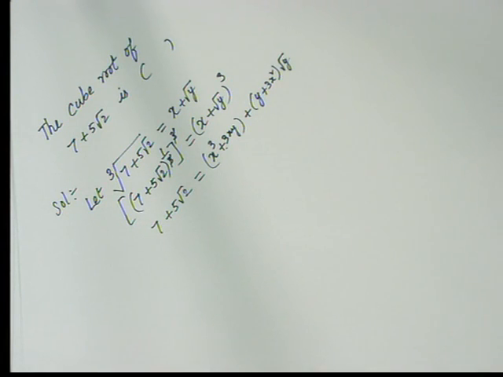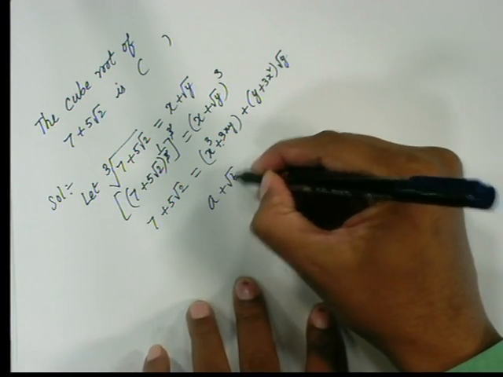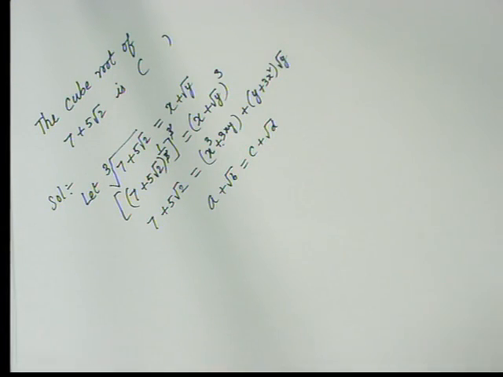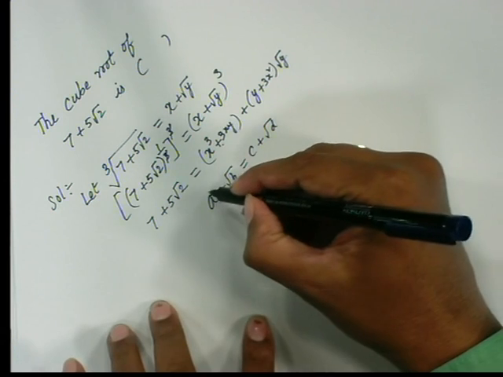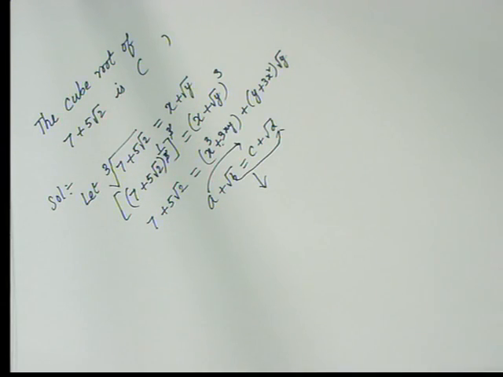So, when you compare two surds which are in the form of a plus root b and c plus root d, you write down here a plus root b, c plus root d. Now, a is equal to c and b is equal to d. That means the rational part is equated to the rational part and the irrational part is equated to the irrational part.